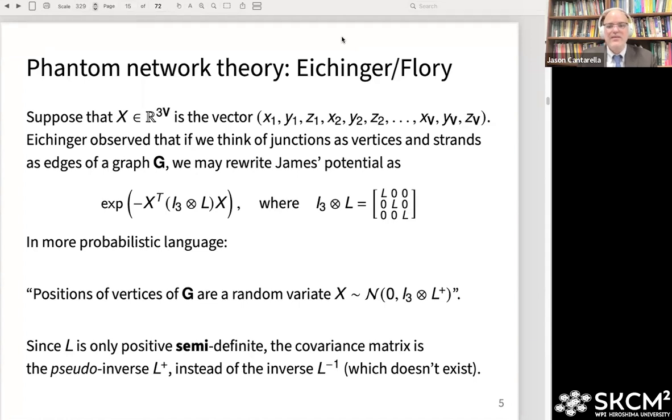Its mean is 0, and its covariance matrix is supposed to be the inverse matrix of this tensor product, identity matrix tensored with L. And that's just going to be the inverse of the identity matrix tensored with the inverse of the graph Laplacian. But the graph Laplacian isn't quite invertible, so we have to say the pseudo-inverse instead. So we have some complicated block matrix which gives us the covariances between coordinates.